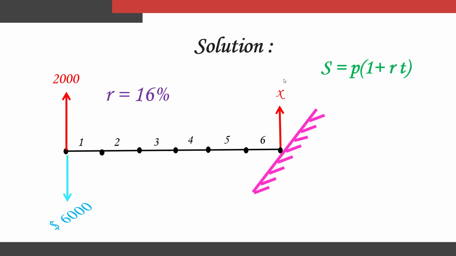So the amount of old obligations equals the amount of new obligations. The amount of $6,000 equals the amount of $2,000 plus X. Note that to calculate the time, it's the distance from the maturity date to the focal date. The time for $6,000 equals 6 months, so t will be equal to 6/12. The same for $2,000, and the time for X equals 0.